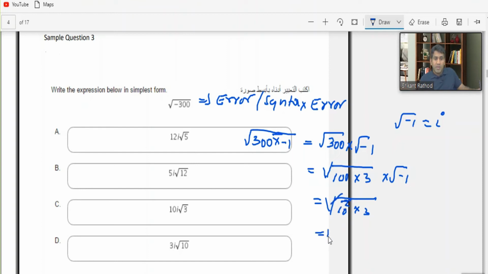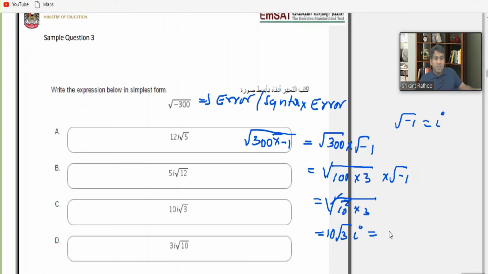Then it becomes 10 root 3, and the square root of negative 1 is going to be i. So your answer should be 10 root 3 i. Which option corresponds to that? 10 root 3 i or 10i root 3. That is the answer to this question, it's going to be C.